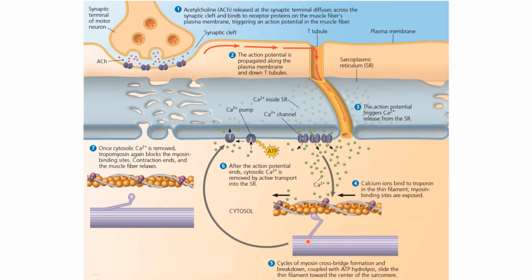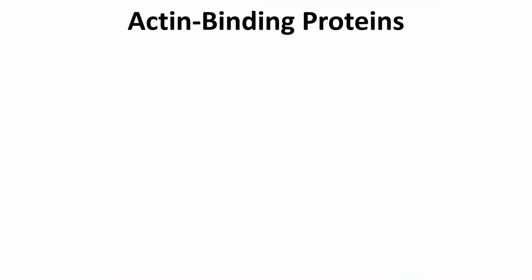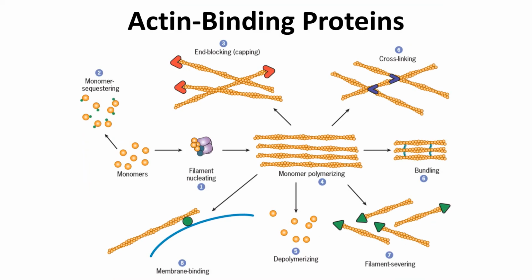And the myosin will be able to bind to the actin, and with the help of ATP will do a power stroke, and therefore the muscle contracts. And here are some other examples of actin binding proteins, sort of similar in function as the microtubule associated proteins.